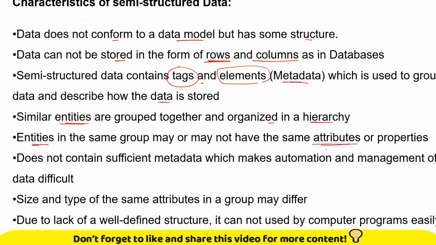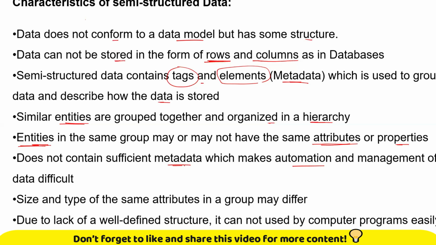Each entity may have different attributes, but the entity will give you a row kind of feeling here. The properties also don't contain sufficient metadata, which makes automation or management of data difficult.